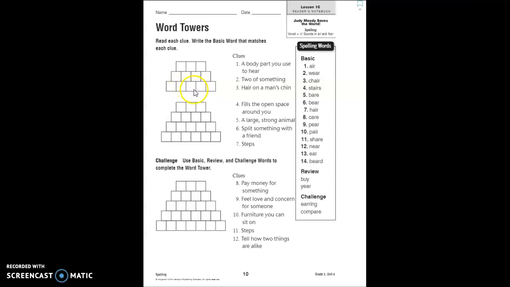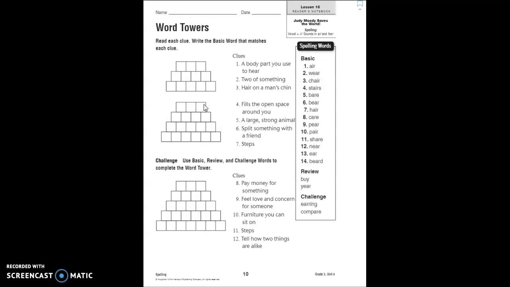1, 2, 3, 4, 5 letters. Go down through our list and see which one has 5 letters. Alrighty. Number 4, here we go. Fills the open space around you. 3 letters. So look around. Take a nice deep breath.